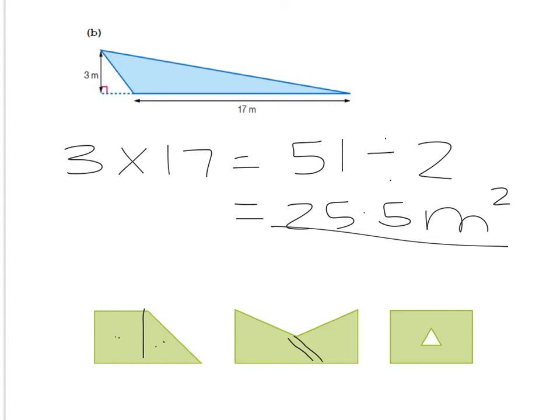Or what you could do is close it off, work out what the whole rectangle is, then work out the little triangle, and subtract it from the total, which is what I would do with this one. Okay, so there are 2 ways that you can do this.